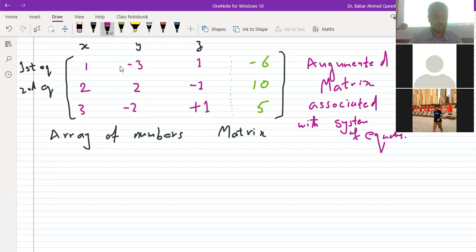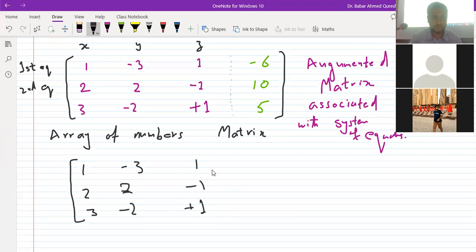So if you just stick to these guys, this is part of the augmented matrix. This is called the coefficient matrix.